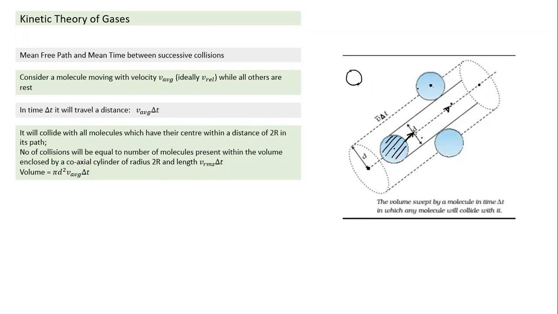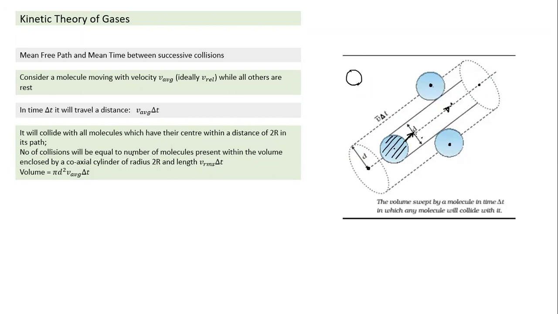If I make one more approximation, since the dimension is not relevant, I imagine all other molecules to be point masses. So all the molecules present within a cylinder of length V delta T and radius twice R will collide. All molecules present in the volume this moving molecule sweeps in time delta T will collide.